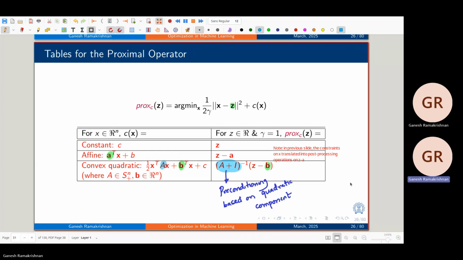The solution as a result of the proximal operation will have exactly the opposite effect, which is shrinking the eigenvalues through the preconditioning by A inverse. Okay.